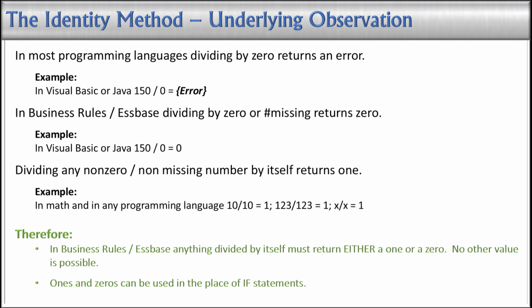And therefore, in business rules, anything divided by itself returns either 1 or 0. No other value is possible. And ones and zeros can be used in place of if statements to control the flow of a business rule.